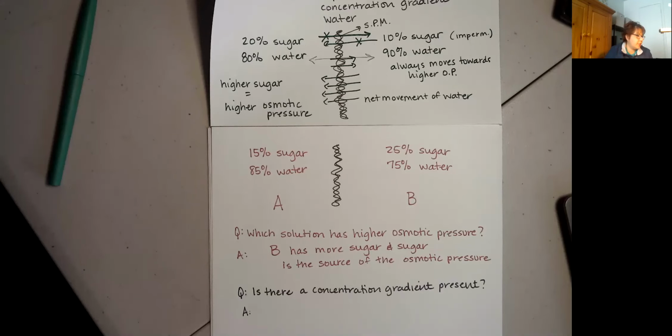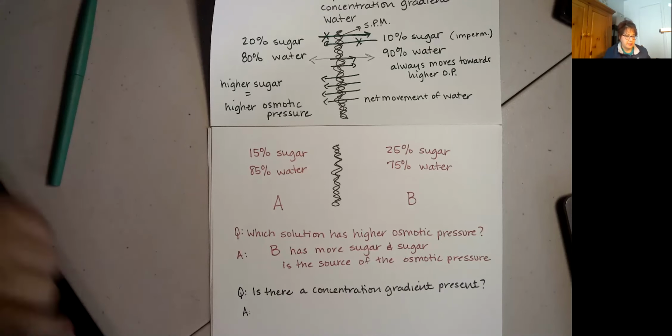Brandon, this is your question. Is there a concentration gradient present between these two? I got it wrong this time, but I'm gonna go ahead and say yes. Yes, there is. There's actually 2 of them. What are the 2 gradients?